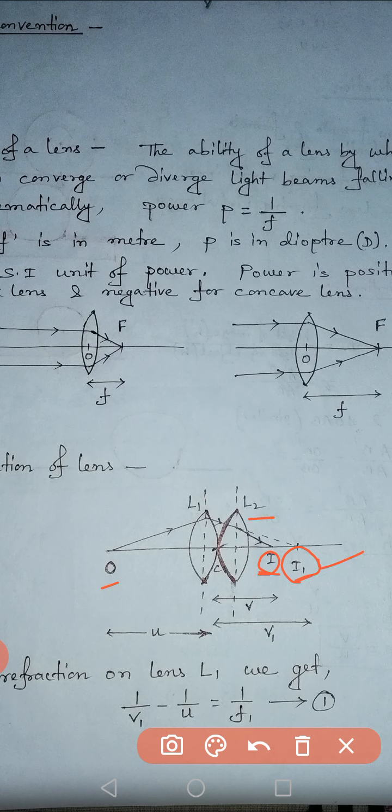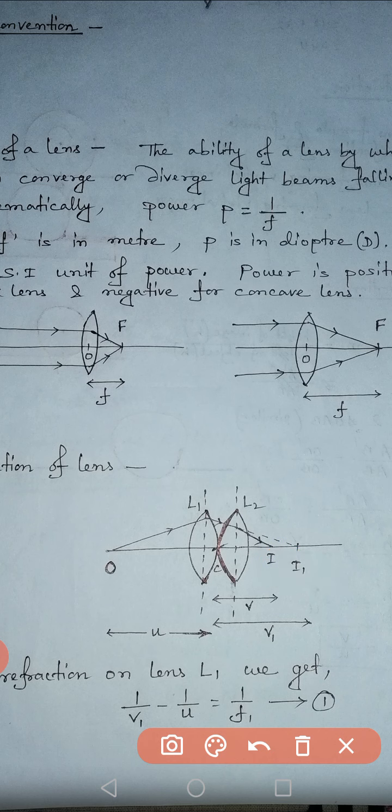That means the image formed by the first lens will behave like the object for the second lens. I think it is clear. The image formed by the first lens is which one? I1. But as soon as lens L2 is placed, the image gets shifted from I1 to I. That means lens L2 is forming another image of I1 at place I. So I1 for lens L2 will be the object and I will be the image for lens L2.